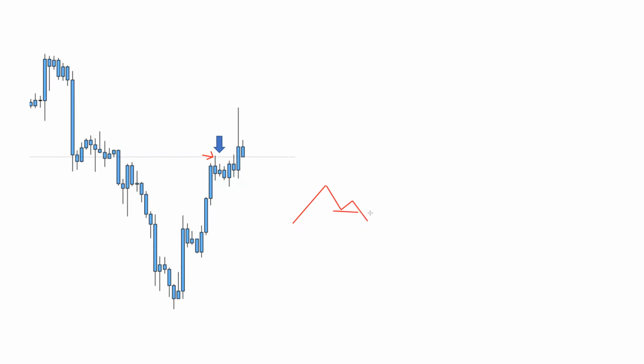So we have the break of this, correct? And then it pushed back up again into structure. Kind of started consolidating right there until we saw a little bit of strong bullish momentum, not enough to break the previous highest point where you drew it. So we had some bullish pressure to the upside is what you're saying? Yes.